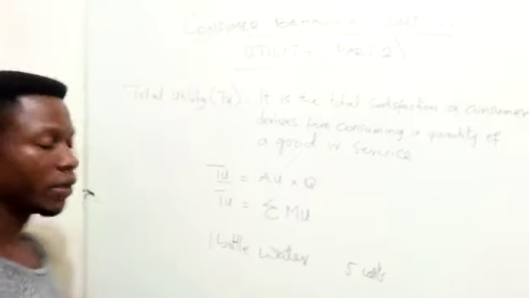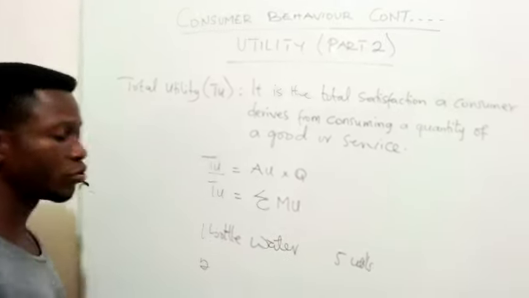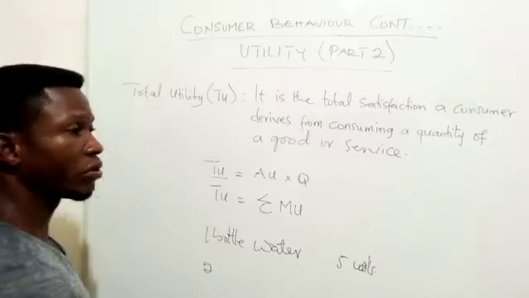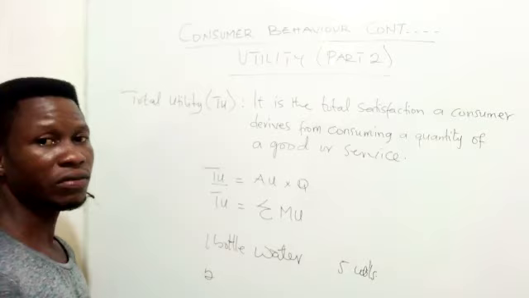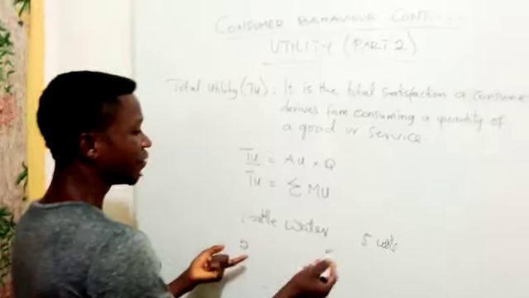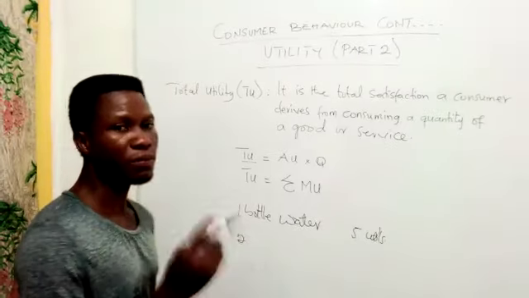Now if the quantity increases, maybe now I'm consuming 2 bottles, then we expect the total utility to also what? To increase. So if I multiply the quantity by the average satisfaction derived, I get the total utility. We'll come back with illustrations to do that.